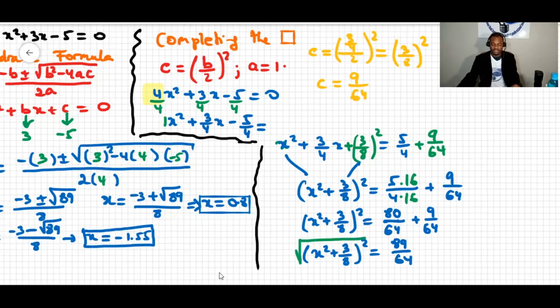So we're going to square root here and then square root there.